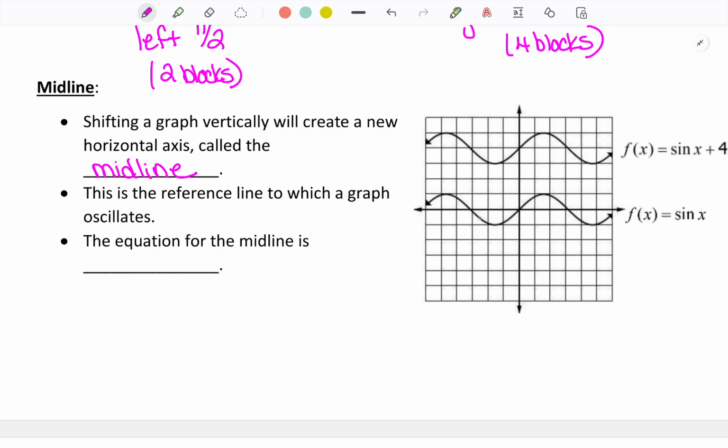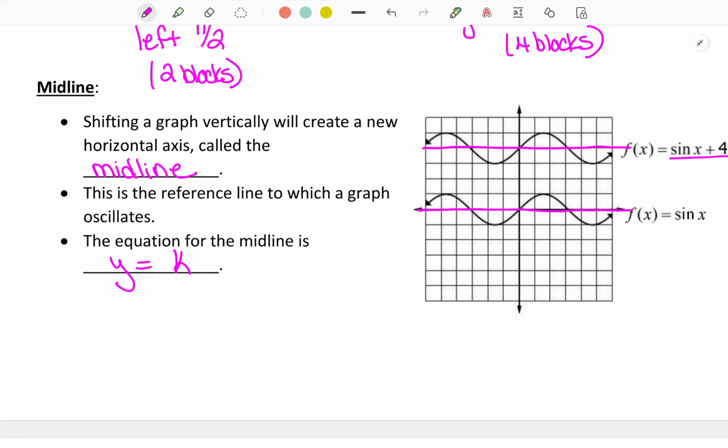Yesterday we were graphing off of the x-axis, and we were essentially oscillating around that x-axis. If we shift a graph up, for example sine x plus 4, our new midline is y equals 4. So your midline equation is always going to be y equals k, for whatever that shift up or down was.